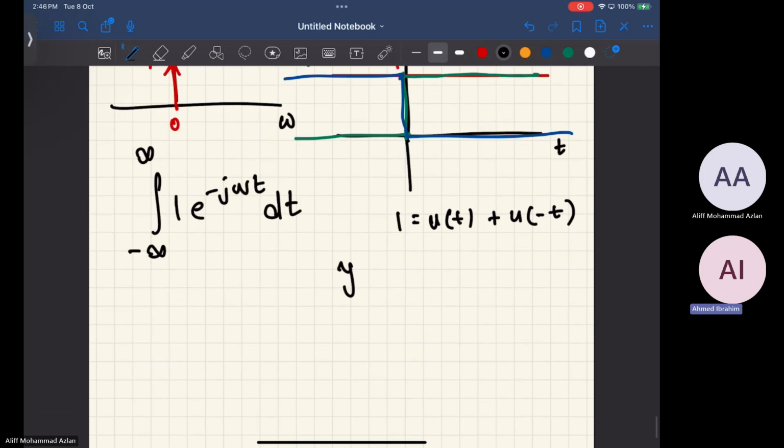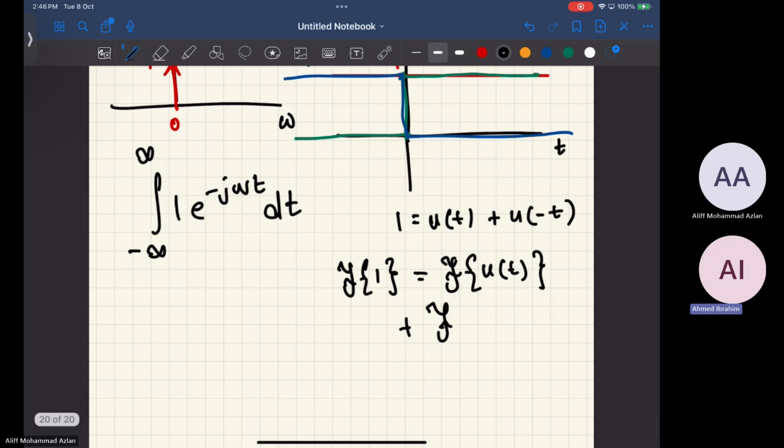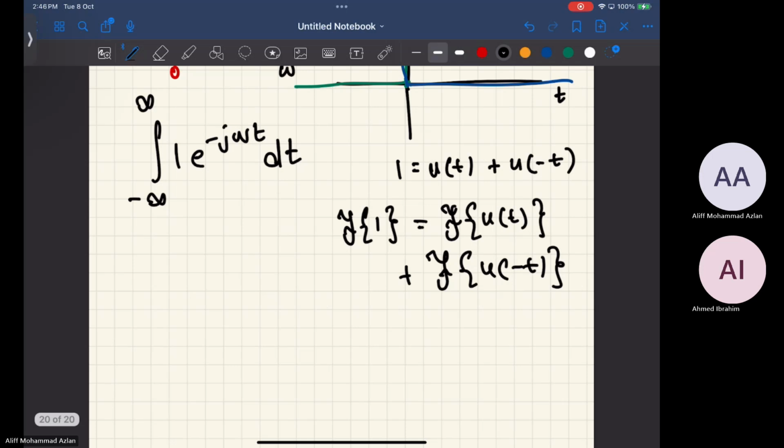And so the Fourier transform of 1 is just the Fourier transform of u of t plus the Fourier transform of u of minus t. And to evaluate the Fourier transform of u of t, that's straightforward because it's directly given in the Fourier transform pairs table.